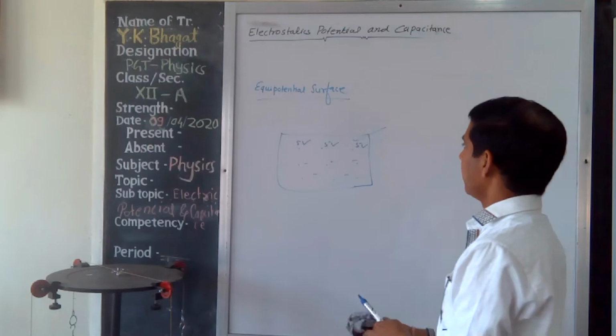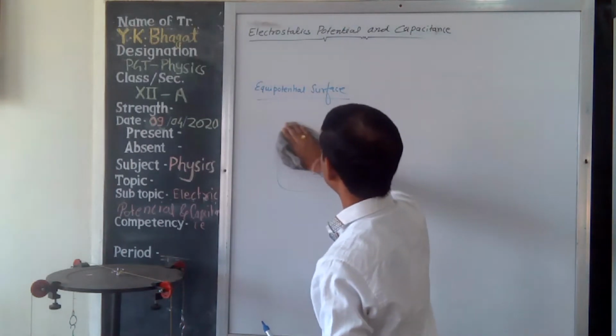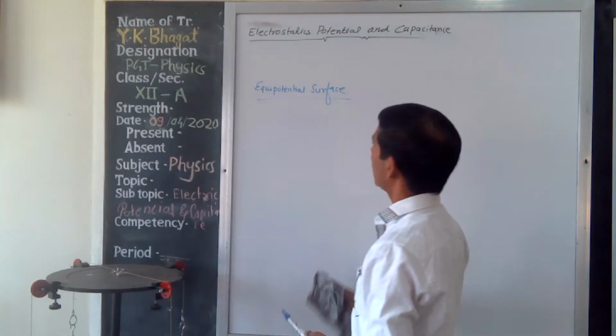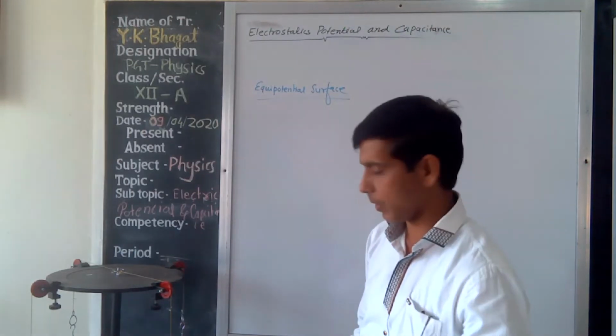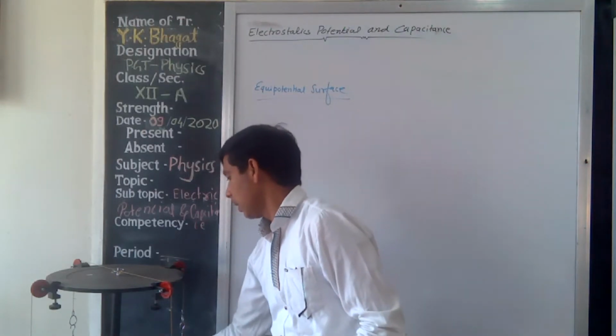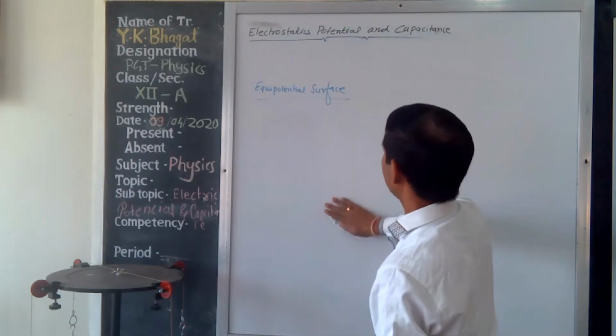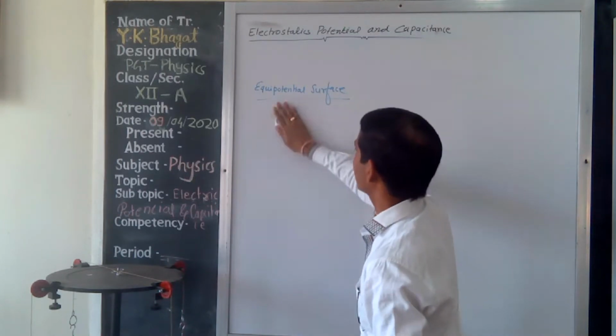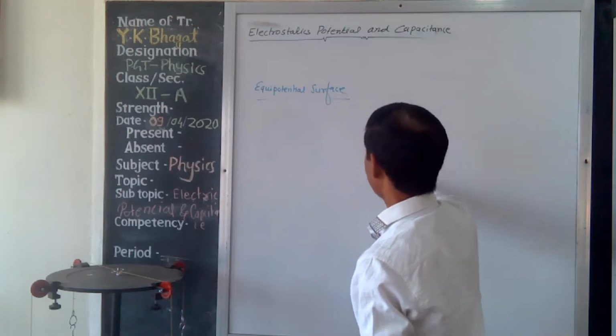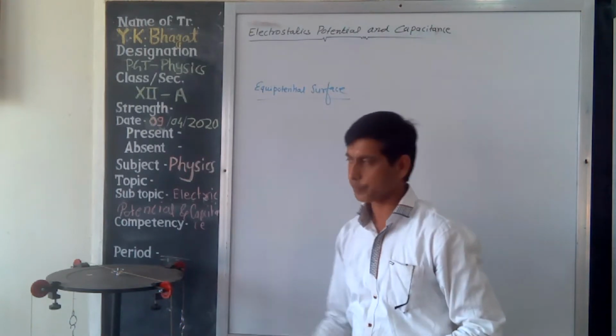Now we will discuss the different properties of electrostatic potential and what the pattern of equipotential surfaces will be for different groups of charges.